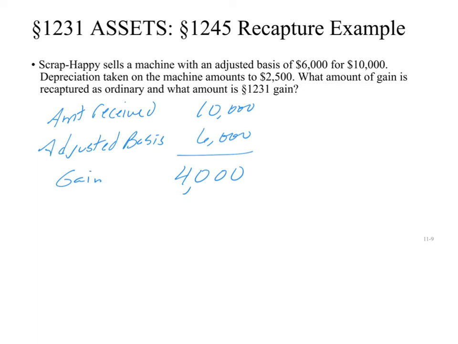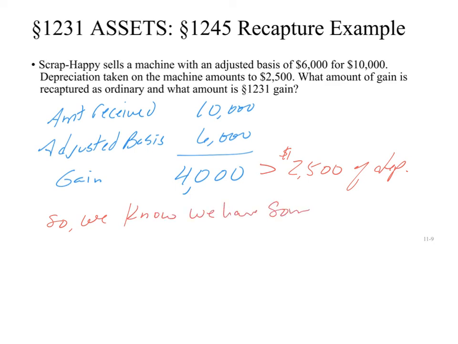All right. Is this gain larger than our amount of depreciation taken? And the answer is yes. That is larger than our $2,500 of depreciation. So we know we have some depreciation recapture.